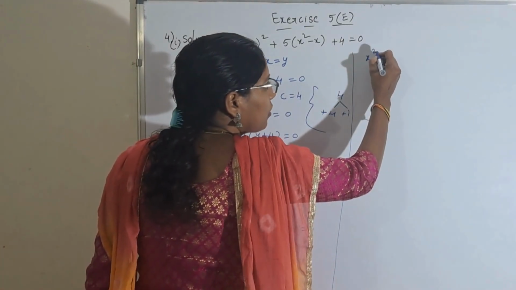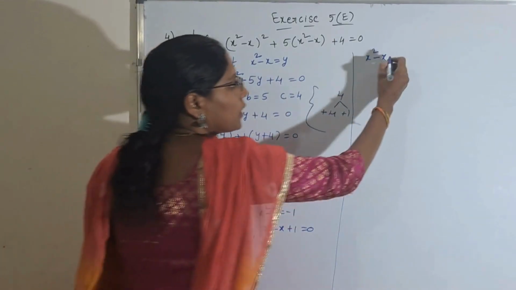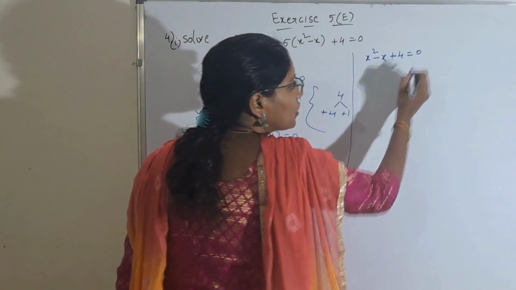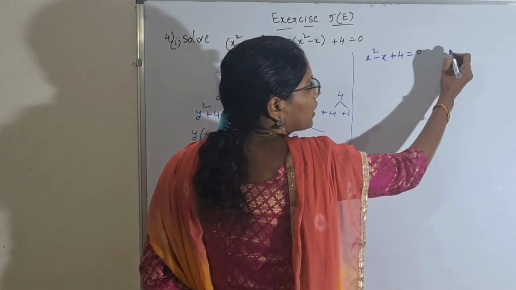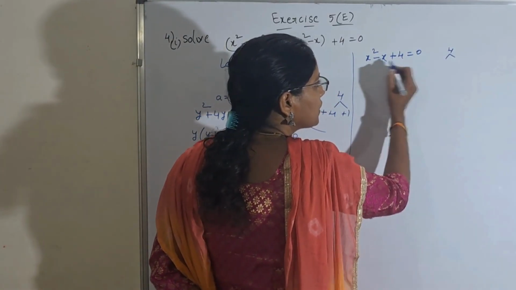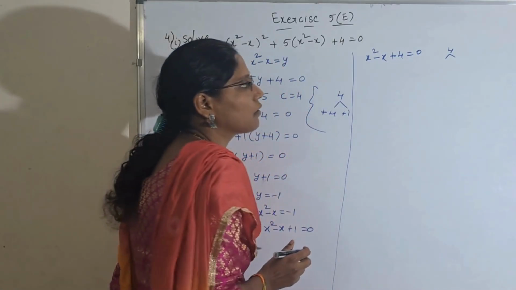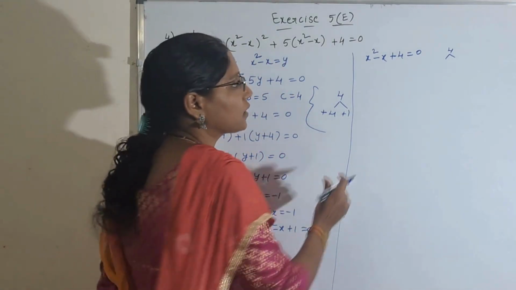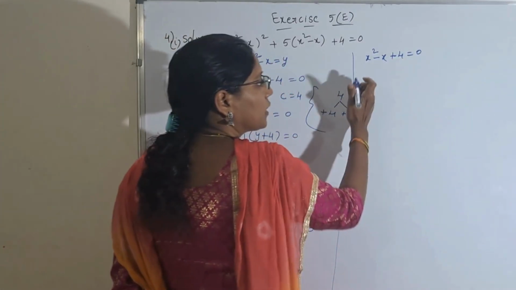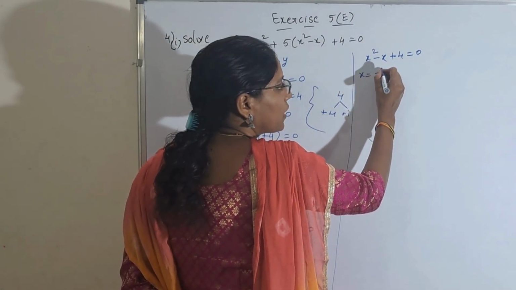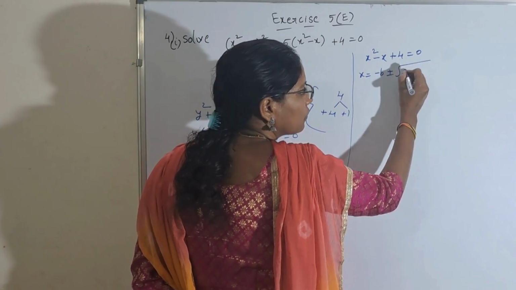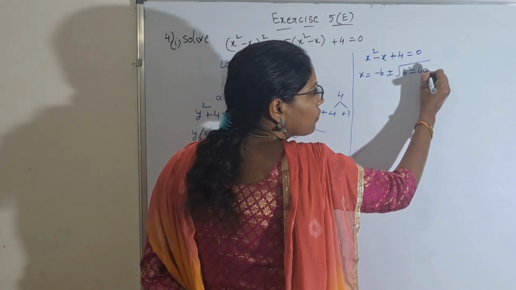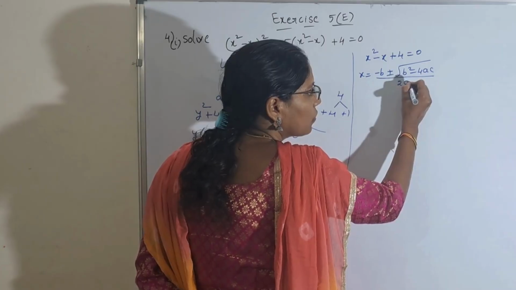Here x square minus x plus 4 equal to 0. Here product is 4, sum is minus 1. What are the factors? So no factors here. The formula method we compulsorily have to use: x equals minus b plus or minus root of b square minus 4ac, by 2a.